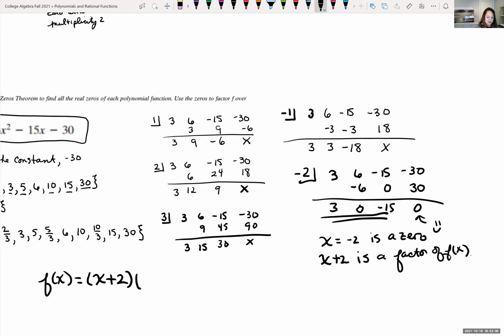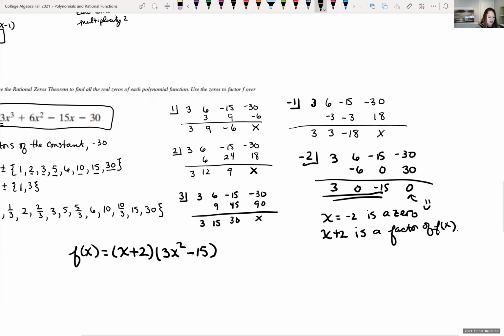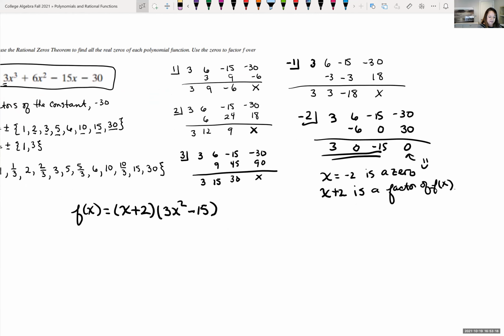I started with a cubic, so this is quadratic. This is going to be 3x squared plus 0x, which I don't have to write, minus 15. I see I can factor this. Let's pull out a 3. So if we pull out a 3, we get x squared minus 5.